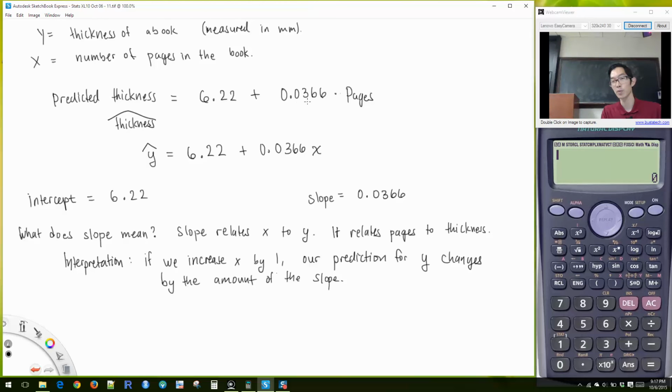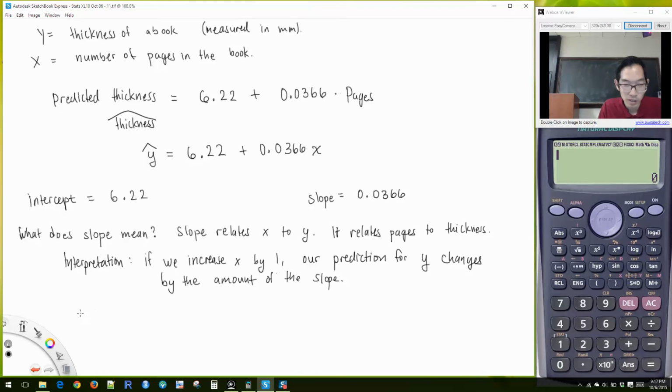It goes up by 0.0366 millimeters. Adding 1 page increases our prediction of the book thickness by 0.0366 millimeters, which makes sense, right? You add 1 page, you're not going to expect the thickness of the book to change very much, but that's what we have here.